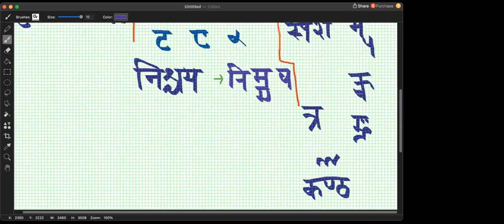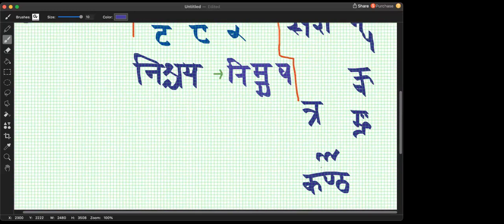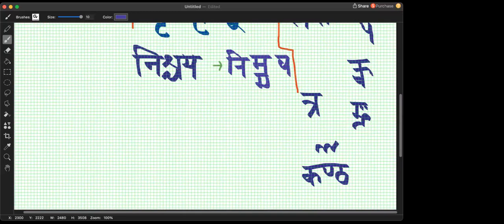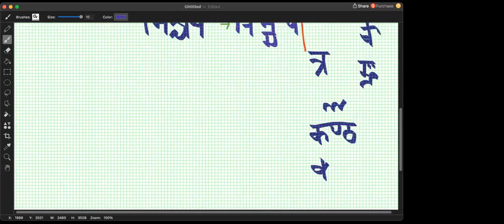If you're writing this, I'll first write ko here and ntha, no here. And if you're writing any conjunct here, it will be here, kantha.